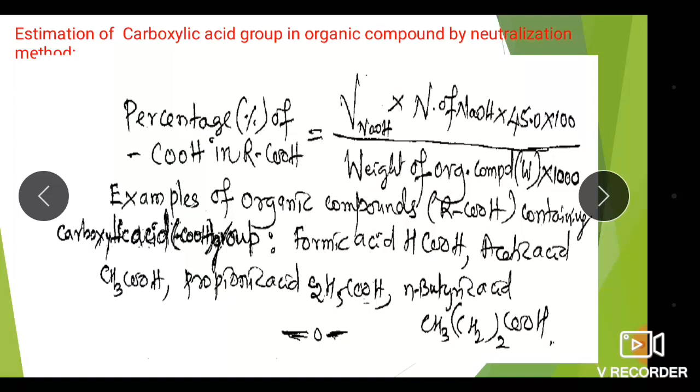In this way we can calculate the percentage of carboxylic group present in the organic compound. Examples of organic compounds containing the carboxylic acid group RCOOH are formic acid, HCOOH, acetic acid, CH3COOH, propionic acid, C2H5COOH, and n-butyric acid, CH3CH2CH2COOH.